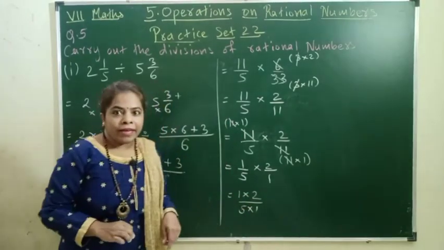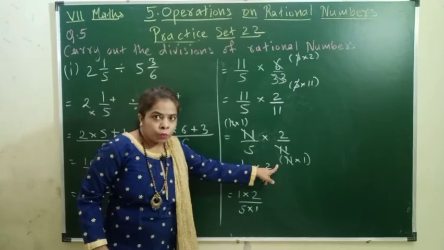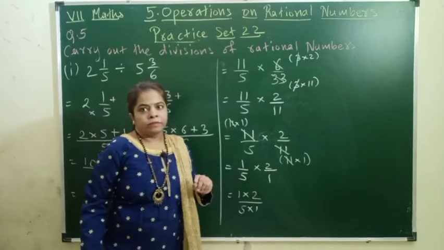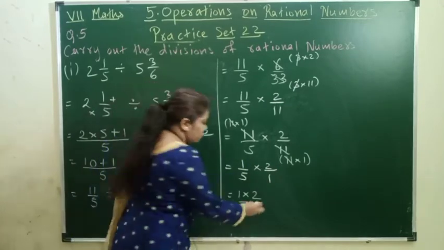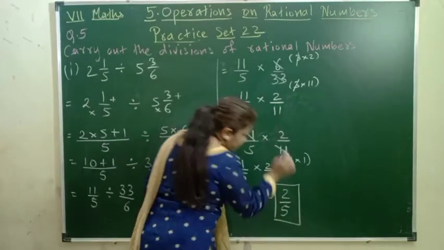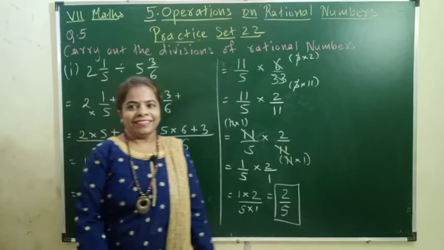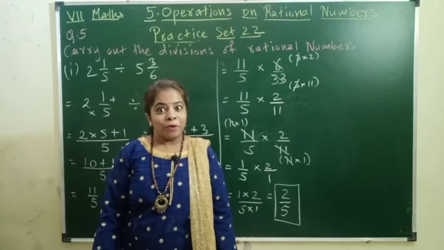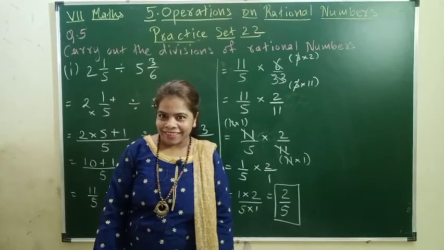Let's write them together. 1 into 2, 5 into 1. See our answer now. That's your answer and done. I hope that you all have understood, children.